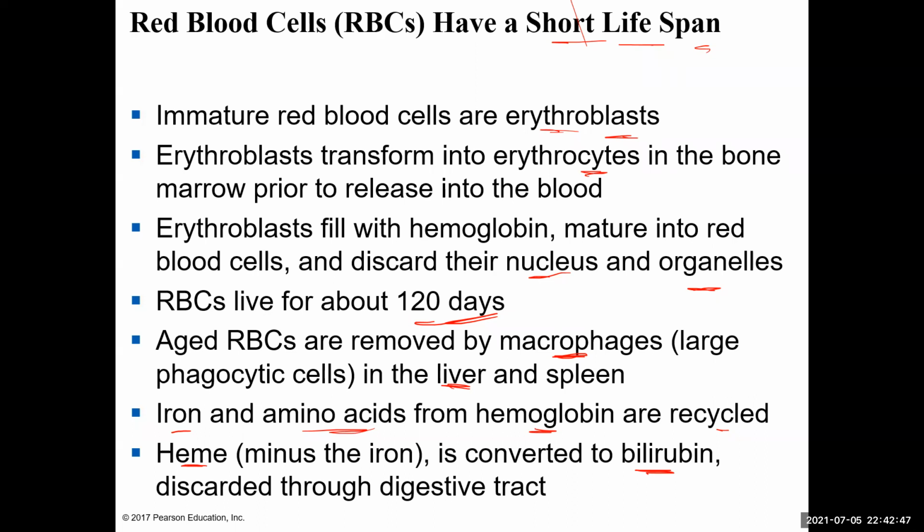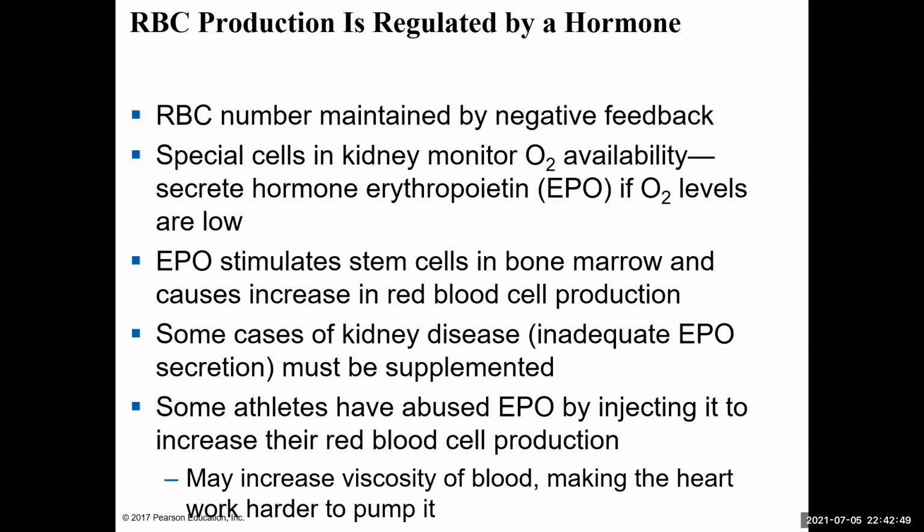Okay. Now, the presence of red blood cells is regulated through a negative feedback system. And we already talked about the hormone that regulates that, and it's that erythropoietin hormone. So we refer to that as EPO. Okay? So basically, there are cells in our kidney that regulate the amount of oxygen that's in our bodies.